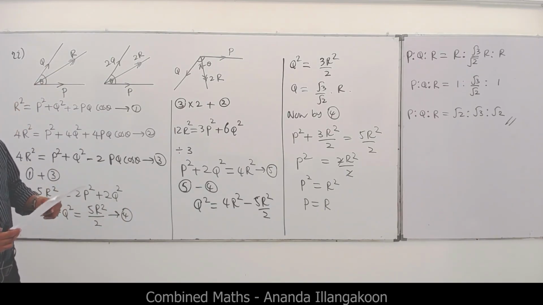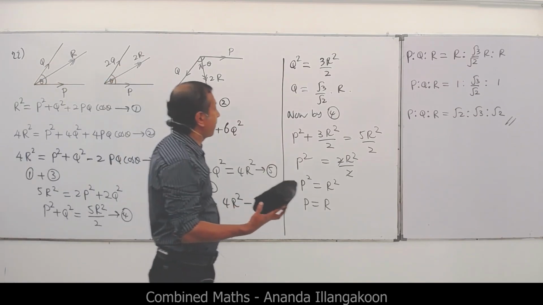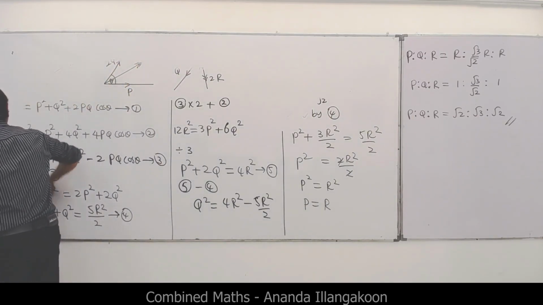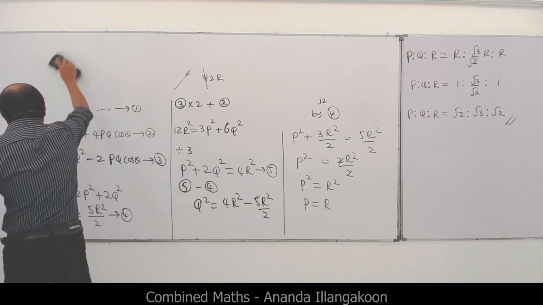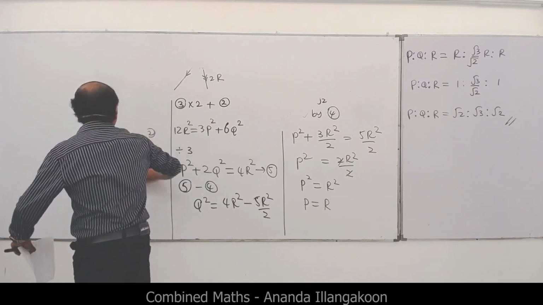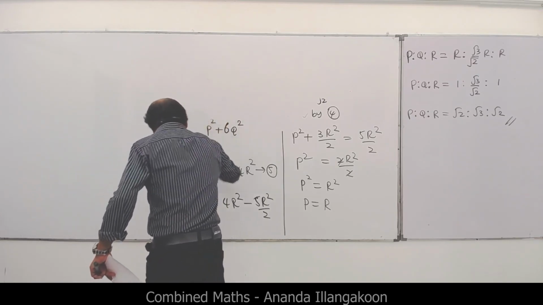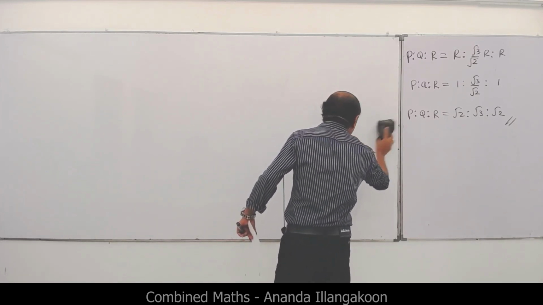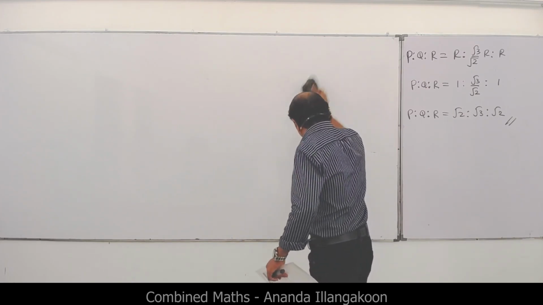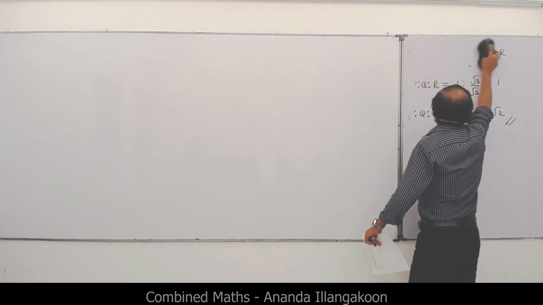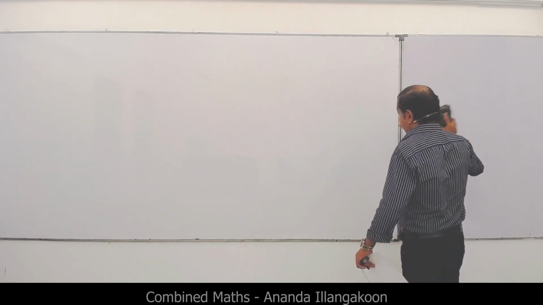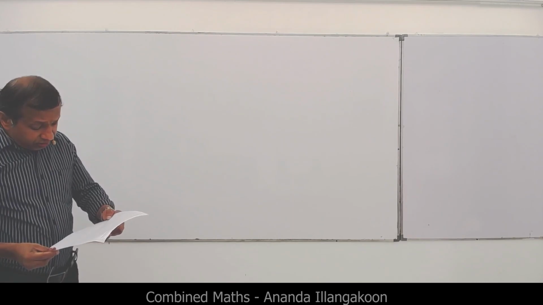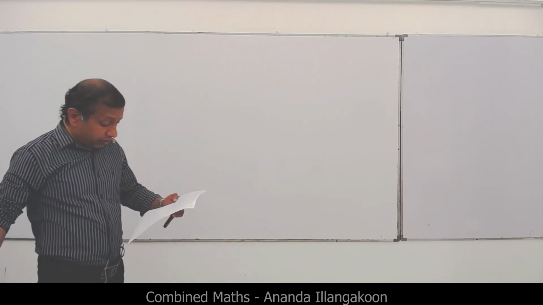Now question number 9. Question number 9 says ABCDEF is a regular hexagon of side A. AB is horizontal.